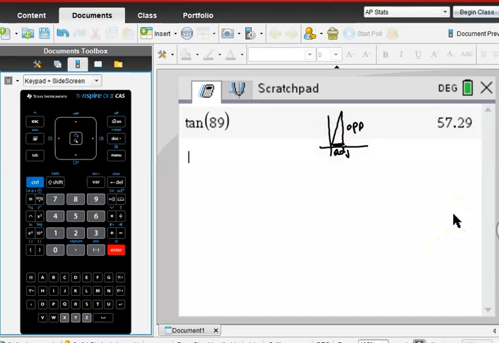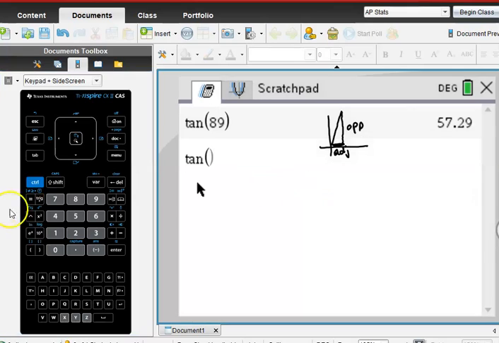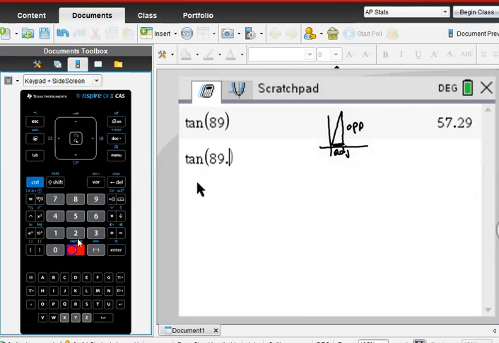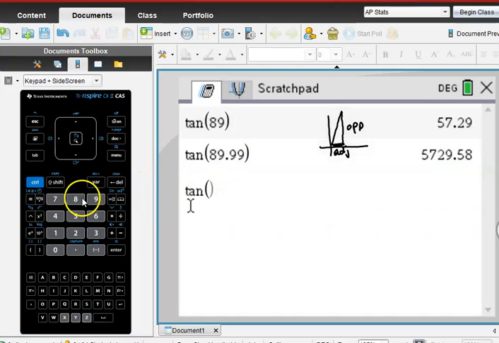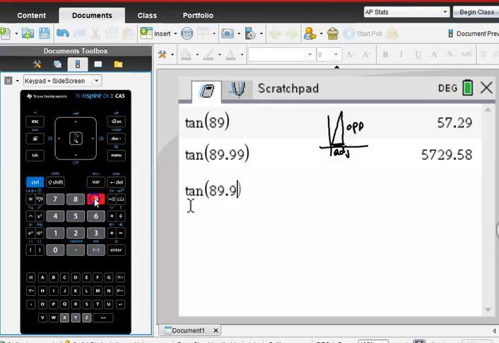What happens when we get even closer? Tangent of 89.99. Now we're over 5,700. And if we do tangent of 89.9999, notice we are getting the same number with just the decimal place moved over. Now we're at 572,958.